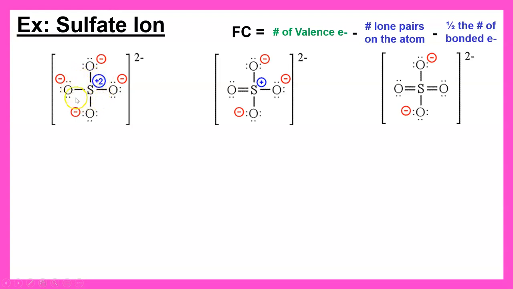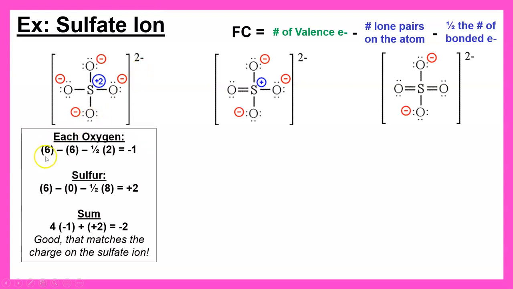So this sulfur, if this was split apart, would only have 4 electrons. If it should have 6, and it only has 4, that's a +2 charge. So if I have a +2, and I have all of these -1s, you can see it adds up to a -2, which is what we want.